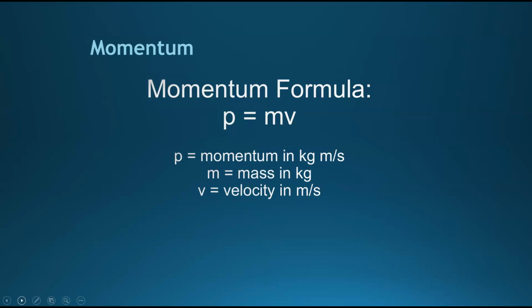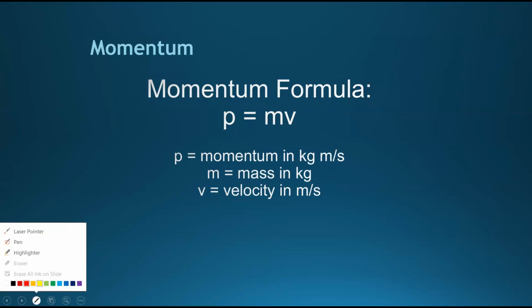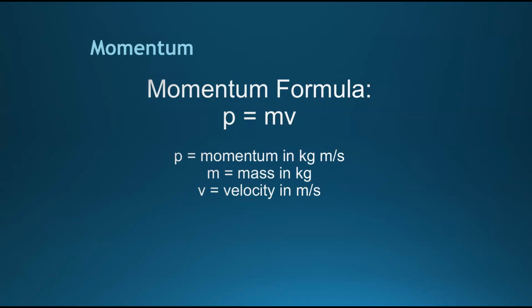And yes, this formula is a little tricky. So momentum, the symbol is lowercase p. We've already used m for a variable. m stands for mass. We're not going to use that for momentum also.